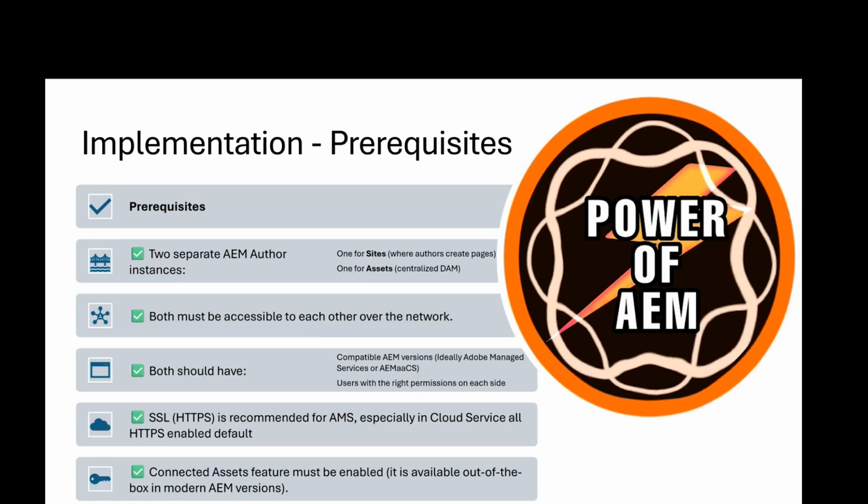On AMS, you have to do separate steps to enable SSL. For that we do not have any recording, but based on your request, we can definitely record the session and share it with you. However, on AEM as a Cloud Service, by default all the instances are SSL enabled. When working with connected asset, make sure you are using the out of the box configurations, without any customization on the configuration.